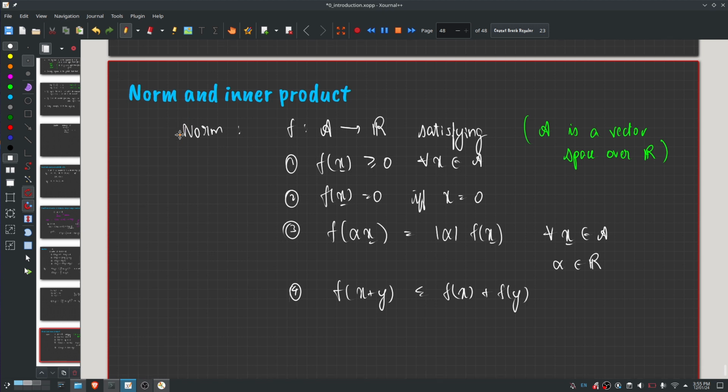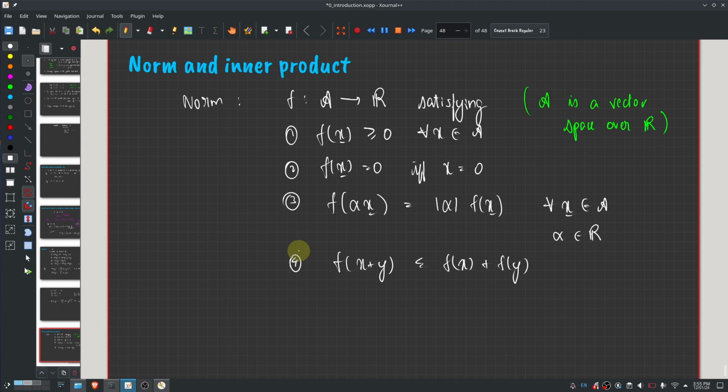Yes. So if f is a norm, then if I look at the norm of x minus y, then this becomes a metric.